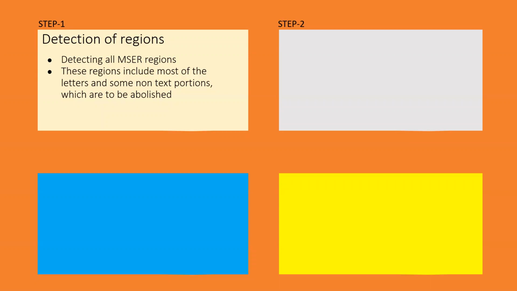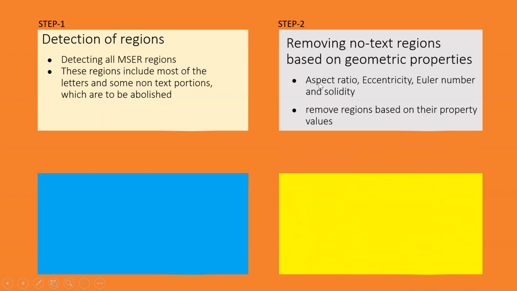And in step 2, after finding all these regions in step 1, we have to eliminate non-text regions. These non-text regions can be eliminated in one way, that is geometrical properties. Generally, text regions have geometrical properties which are different from non-text regions.